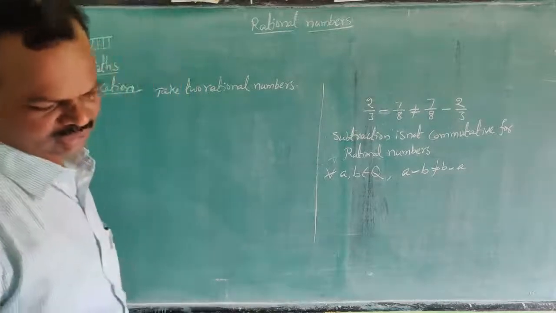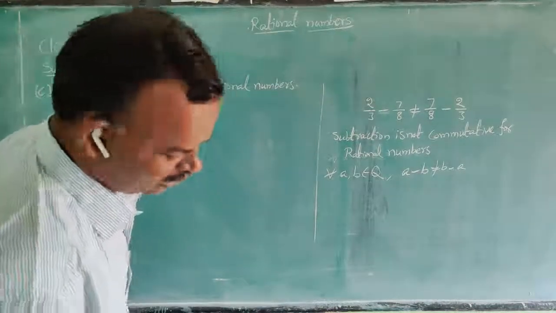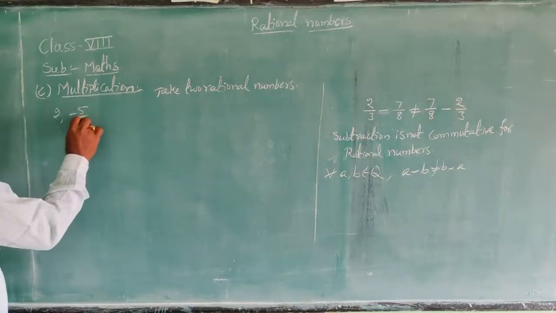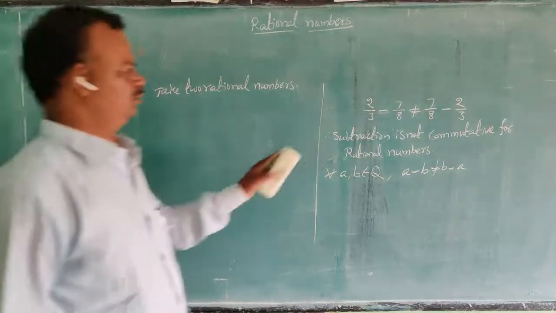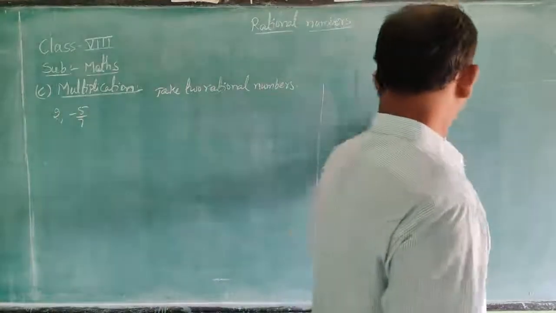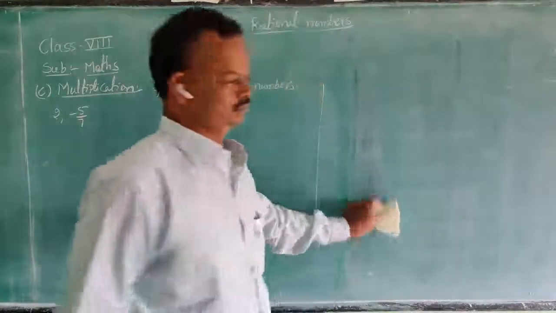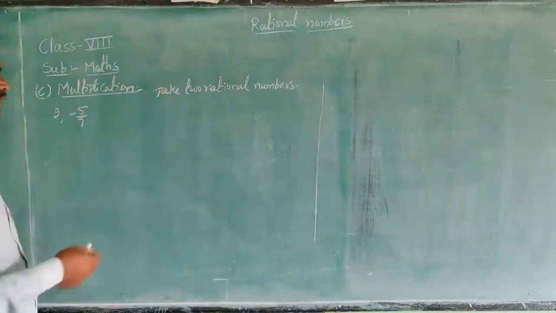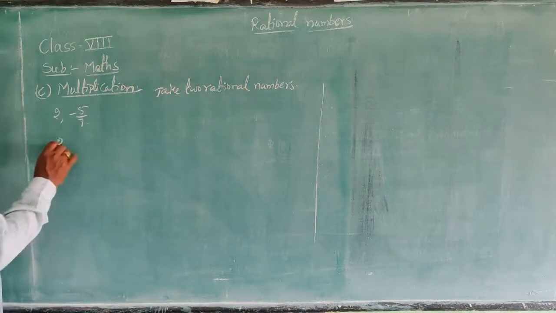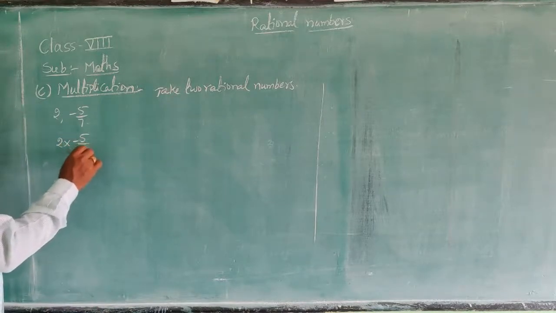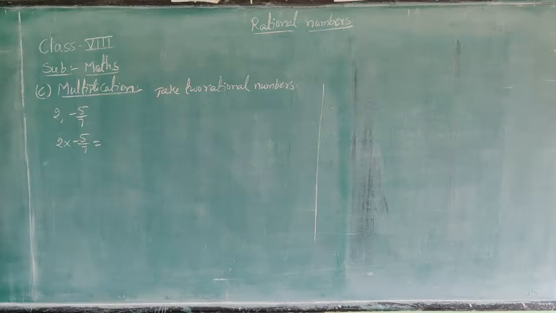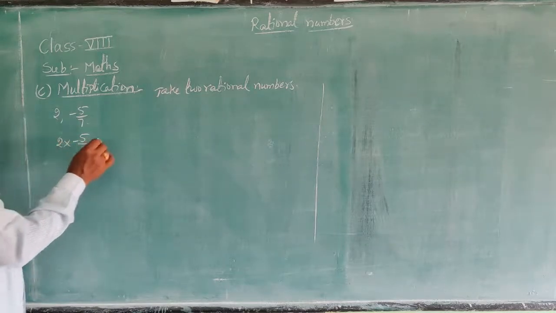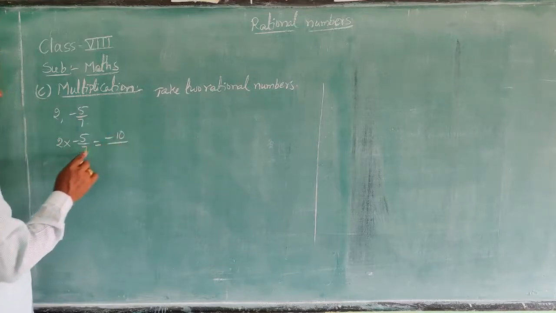Take two rational numbers, 2 and minus 5 by 7. Which are satisfied or not? 2 into minus 5 by 7 is equal to minus 10 by 7.